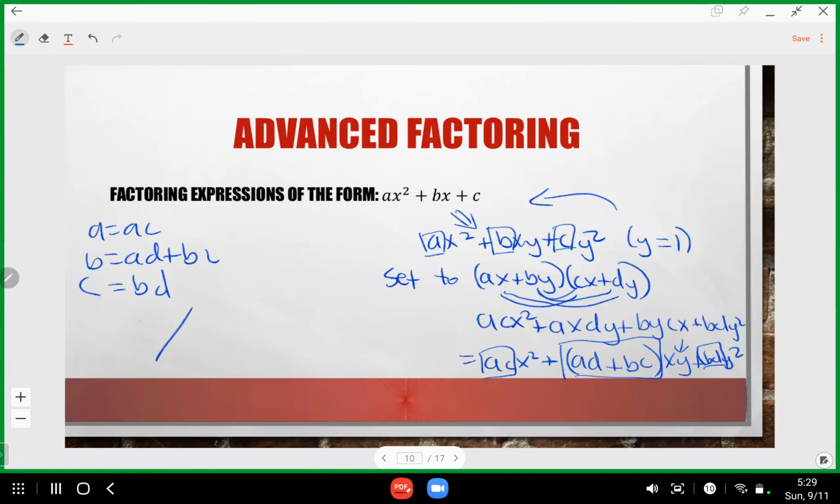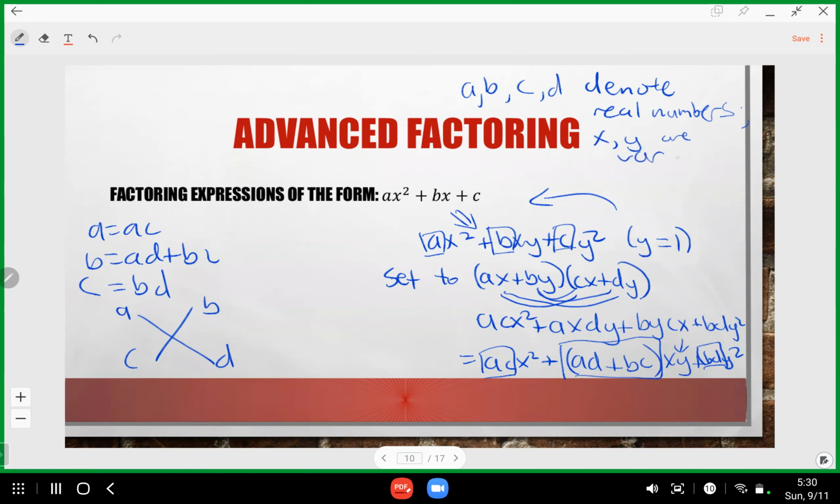Here x and y are variables. A, B, C, and D denote real numbers.